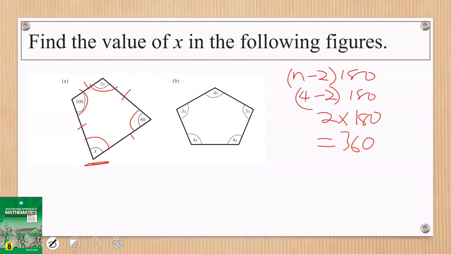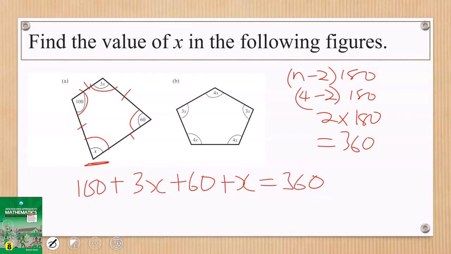Beautiful. That means the sum of all the angles, 100 plus 3x plus 60 plus x, should give us 360. That is what we know, right? So if all is 360, then we can make x the subject. This plus this will give us 4x. This plus this will give us 160. Then everything equals 360.